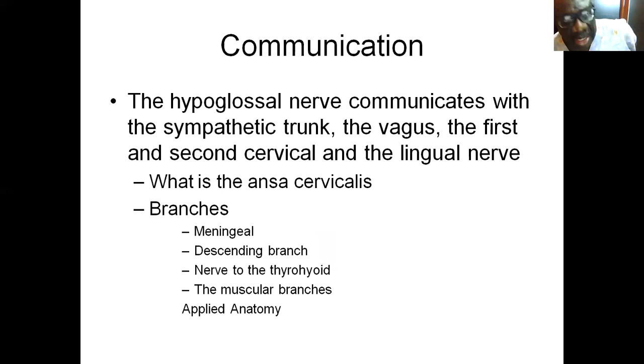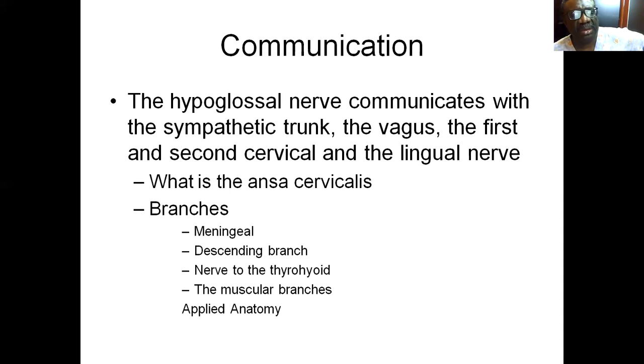It is important that we talk about the communication of the nerve. The hypoglossal nerve communicates with the sympathetic trunk of the vagus, the first and second cervical, and the lingual nerve.